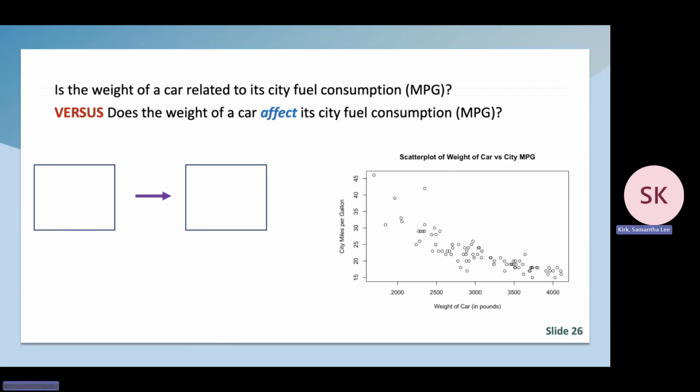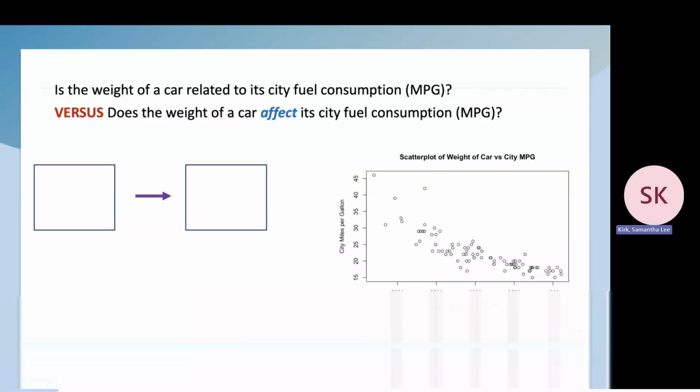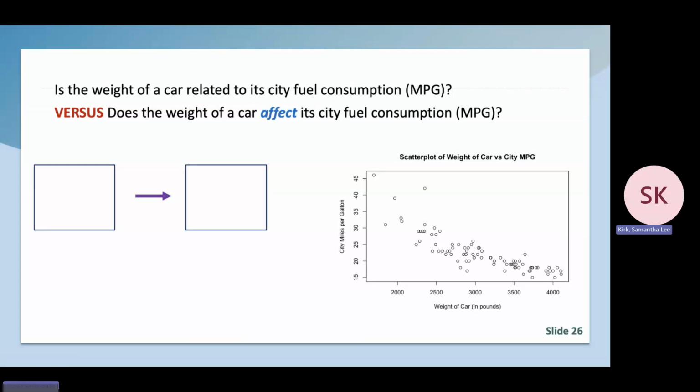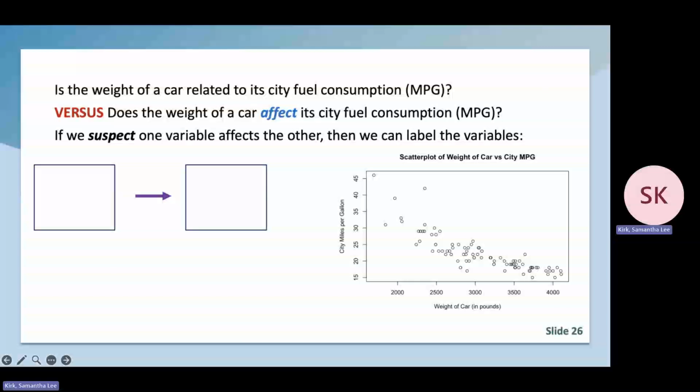But it might. And so when one variable might affect another variable, we can label them in a particular fashion. We call one an explanatory variable and the other one a response variable. So if we suspect one variable affects the other, then we can label them in the following way.